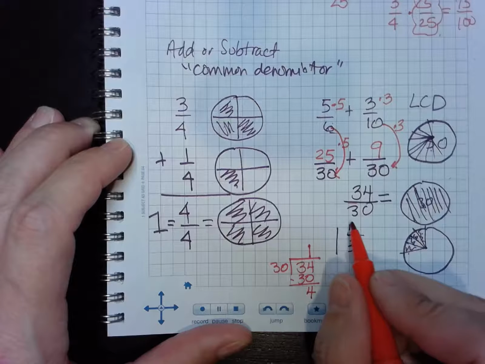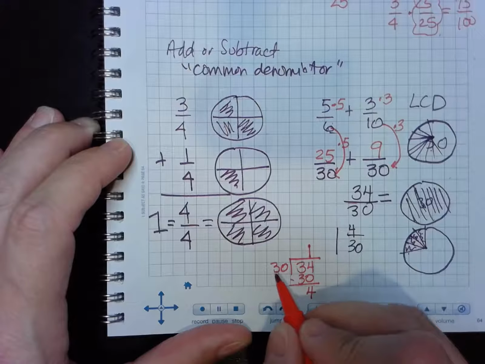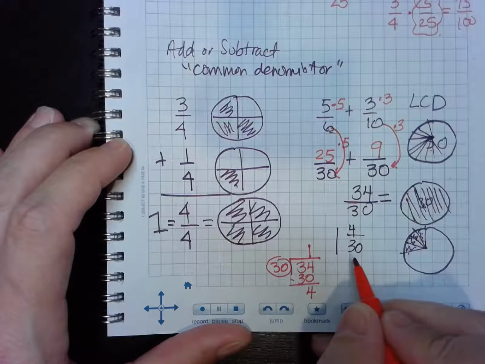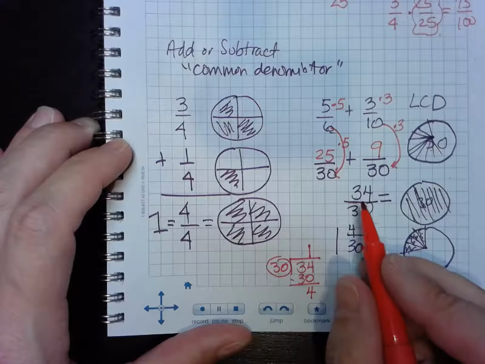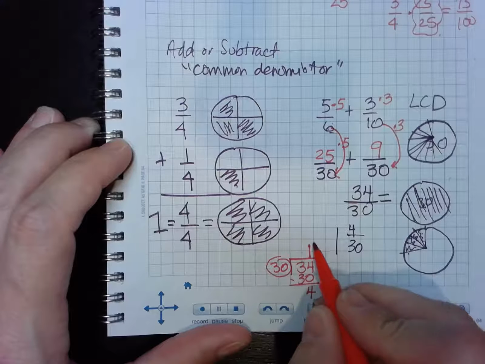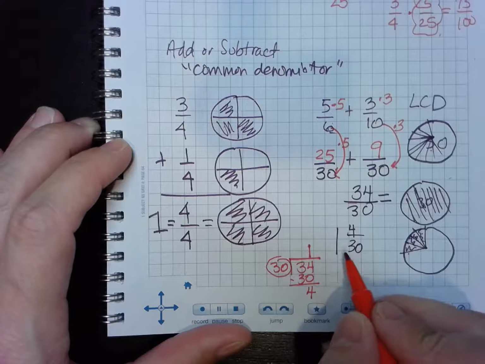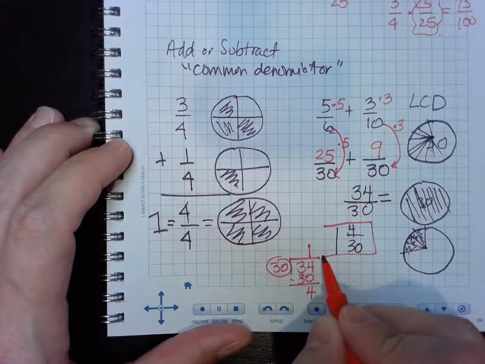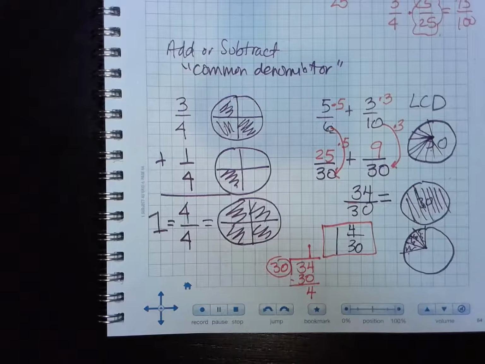Look at the 4 left over right there. And then how many pieces was my circle divided into? 30 pieces. So 34 over 30 is 1 and 4/30. So this would be your final answer. This works for addition and subtraction. So in these types of problems, you have to find a common denominator. Thank goodness, though, for multiply and divide, we don't have to do all that.